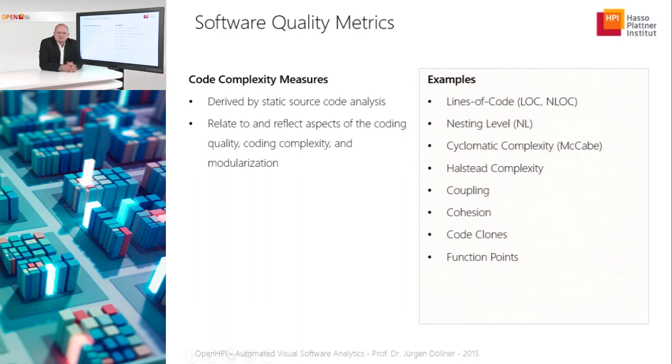Code complexity measures are typically related to and in a way reflect aspects of the coding quality, the coding complexity, and the modularization. Examples include, and this is the most common one, lines of code metric, the nesting level metric, the cyclomatic complexity, also called McCabe complexity, that relates to the control flow complexity, Halstead complexity, coupling and cohesion related to dependencies of modules, code clones, and function points.